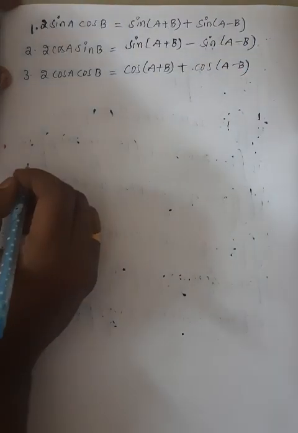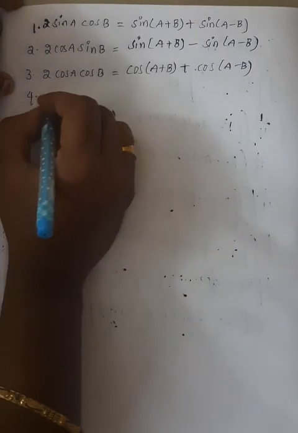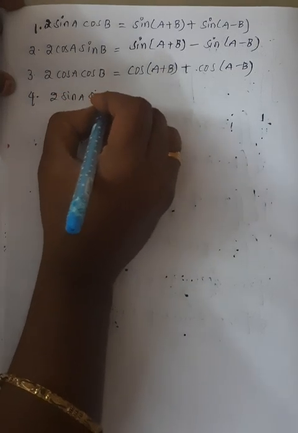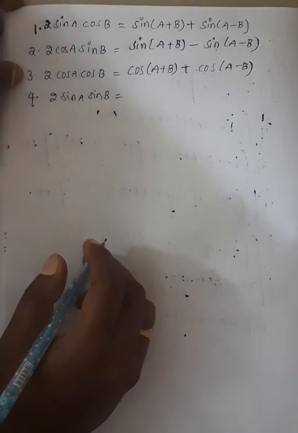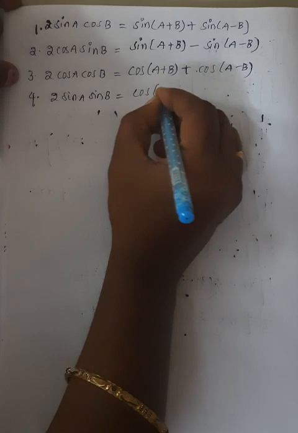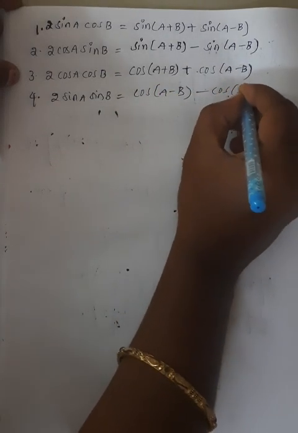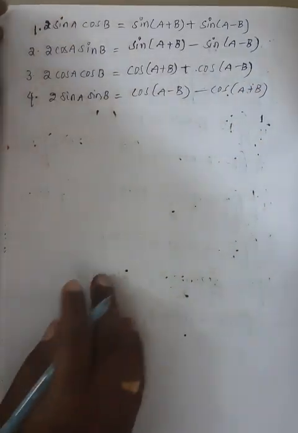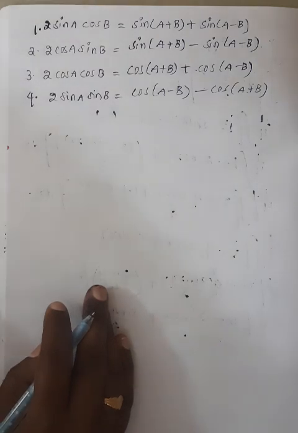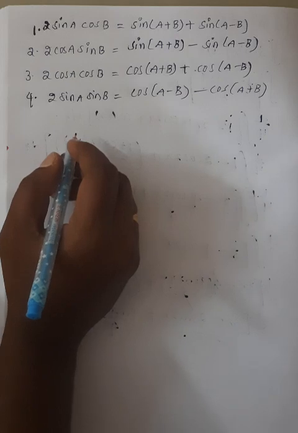Now the last and fourth formula is 2 sin a sin b, which is equal to cos of a minus b minus cos of a plus b. So by the use of these formulas, we should solve the problems based on integrals of first form.